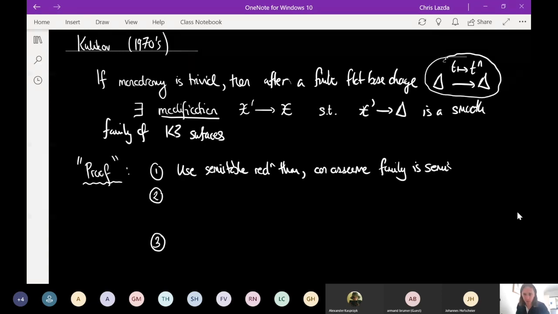So in other words, the central fiber is a reduced strict normal crossings divisor in the total space.